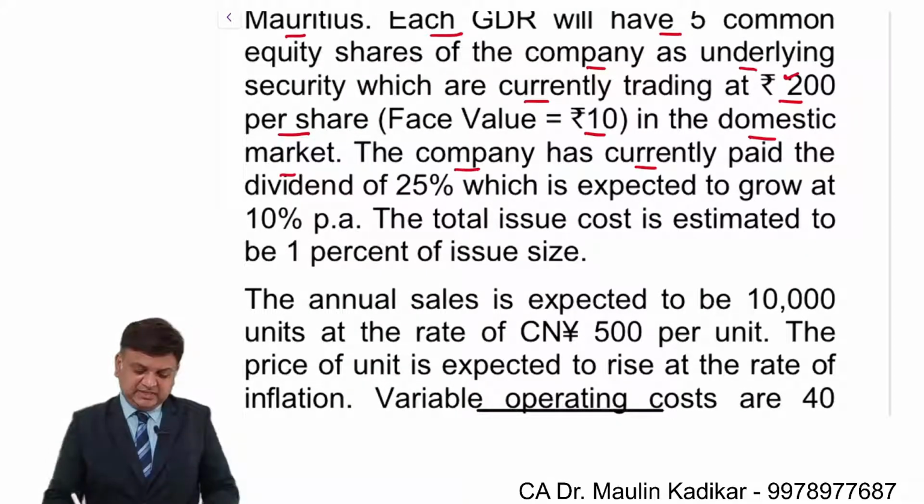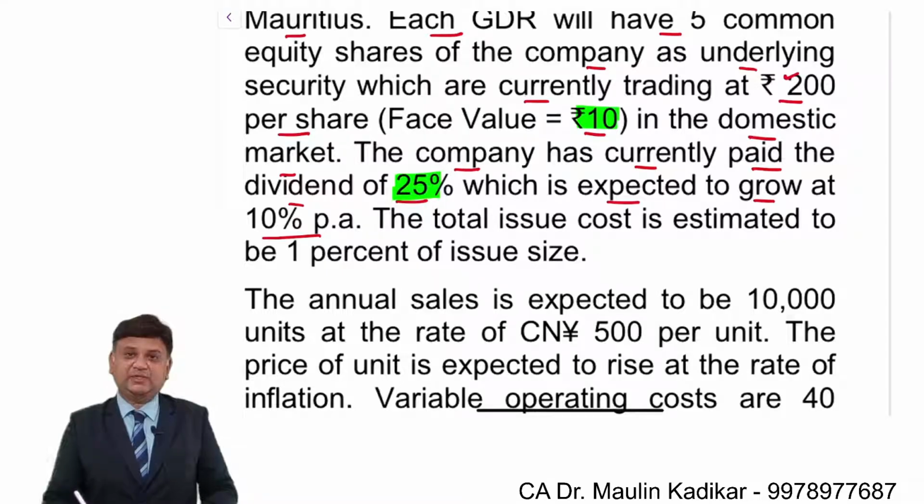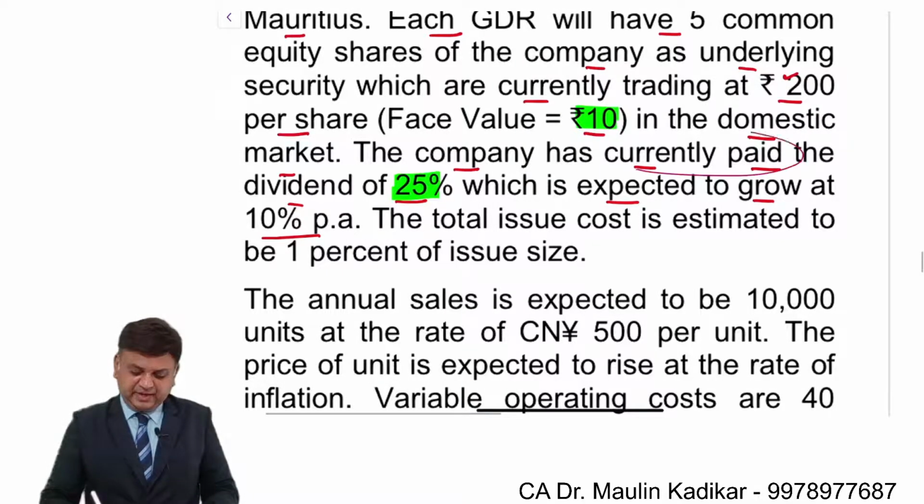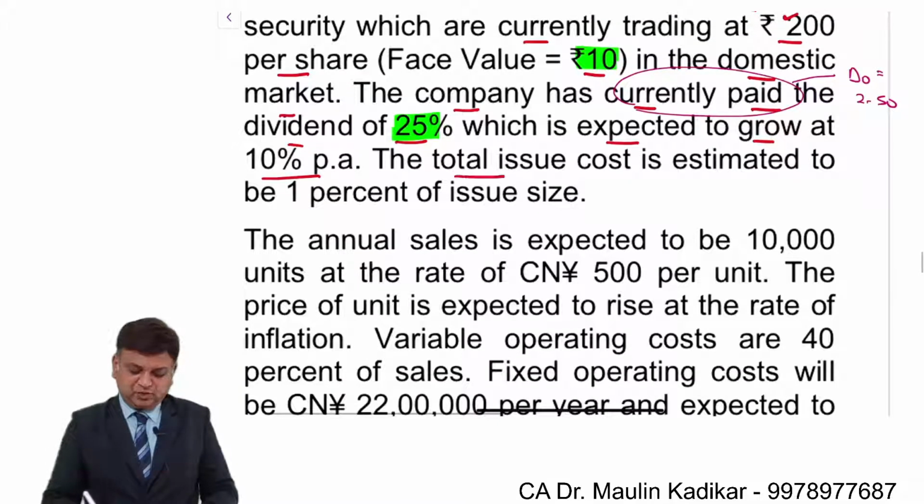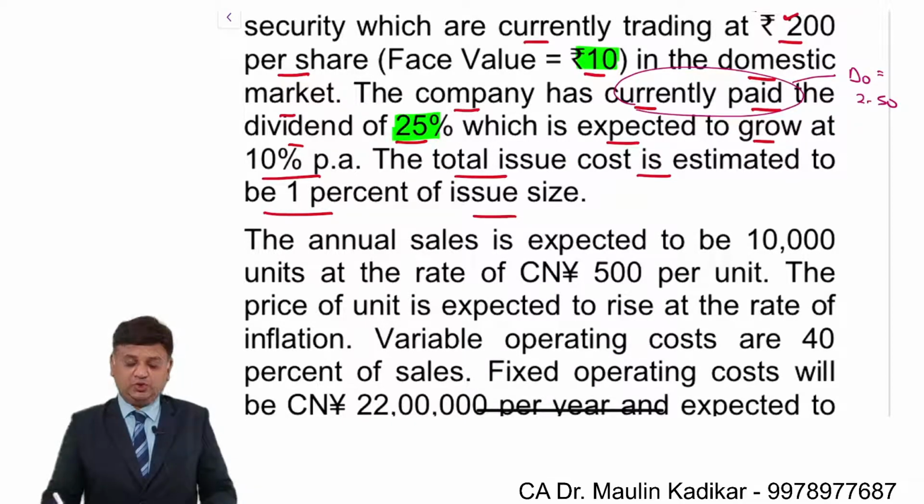The company has currently paid dividend of 25%, which is expected to grow at 10%. So use your calculator. 10 rupees into 25%, 2 rupee 50 paise, and currently paid, that is indicating D0, is 2 rupee 50 paise. The total issue cost is estimated to be 1% of the issue size, that is flotation cost.